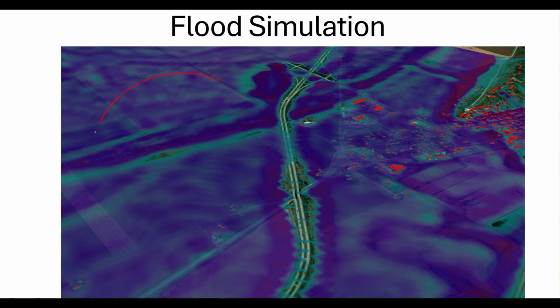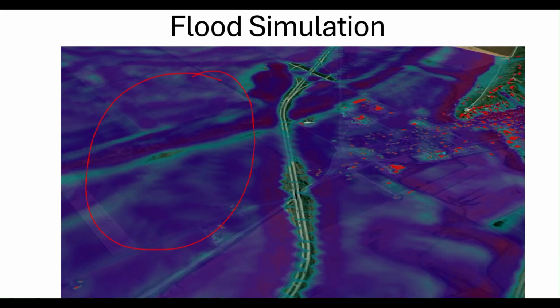So as you can see here, there is a flood or the water in a blue color which has inundated the agricultural landscape. As you can see here also, the same with the urban area which has been inundated, and some parts with higher elevations remain without flood or without water.